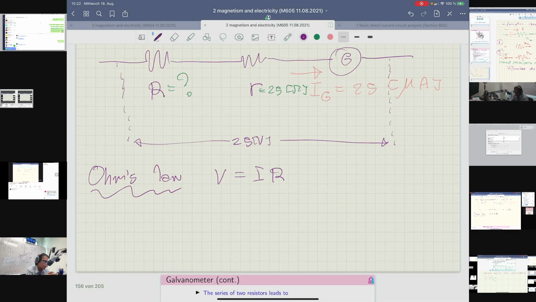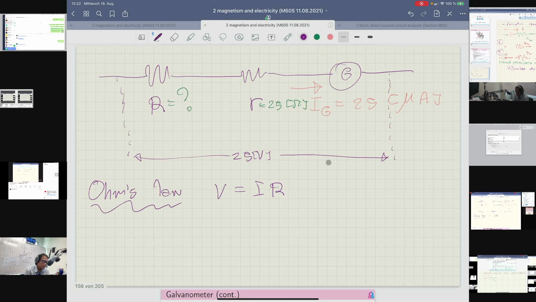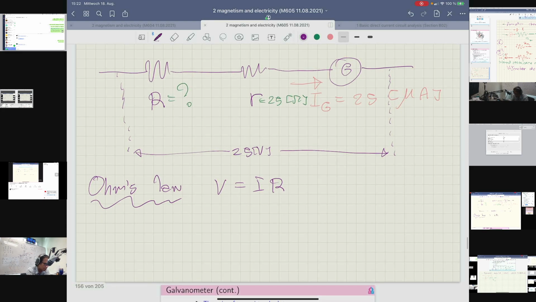The maximum voltage across this voltmeter is 25, so the left hand side is 25, and on the right hand side I is IG and R is R total, the combination of capital R plus small r.